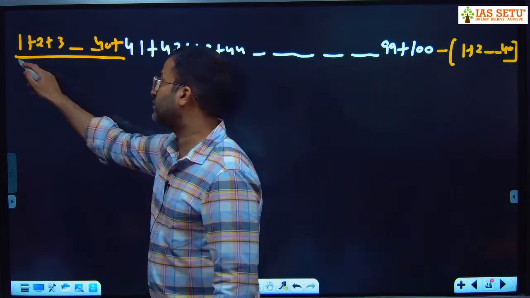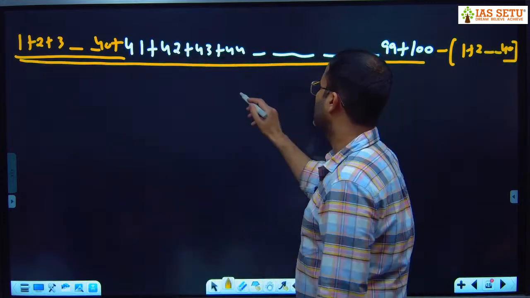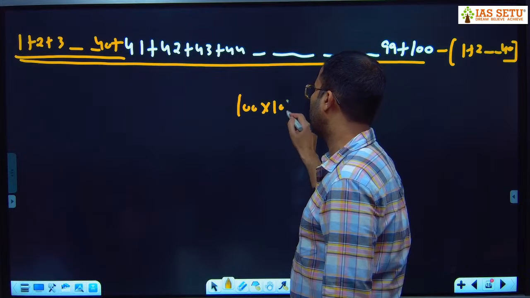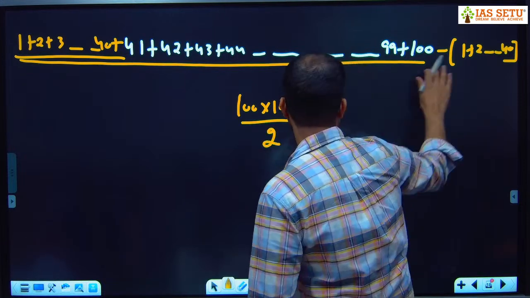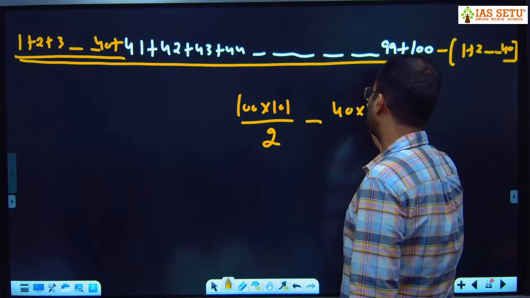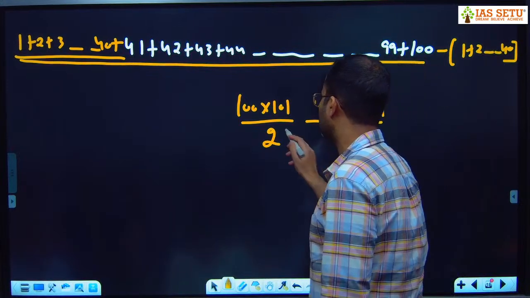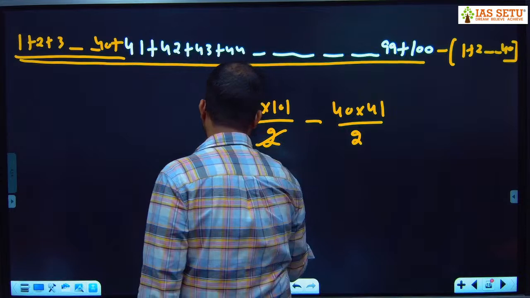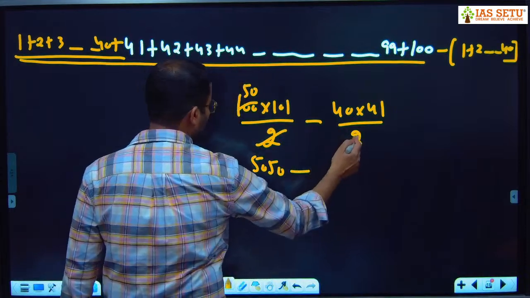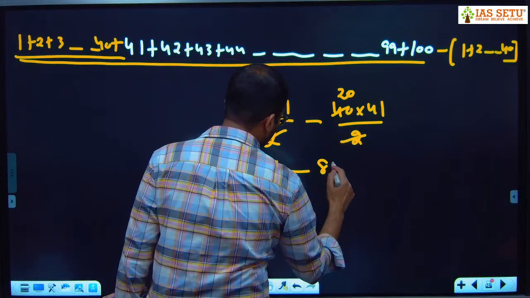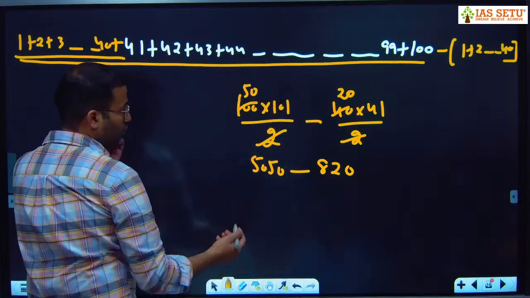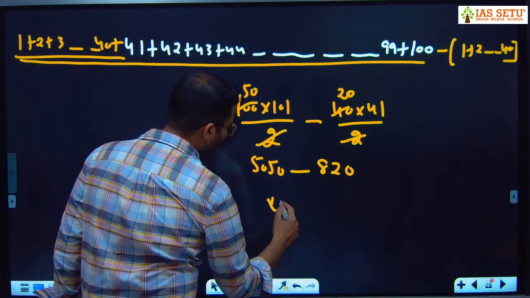So we get a series from 1 to 100. So that is 100 into 101 divided by 2 minus 40 into 41 divided by 2. So this is 5050. This is 820. So yes. So here 4230.